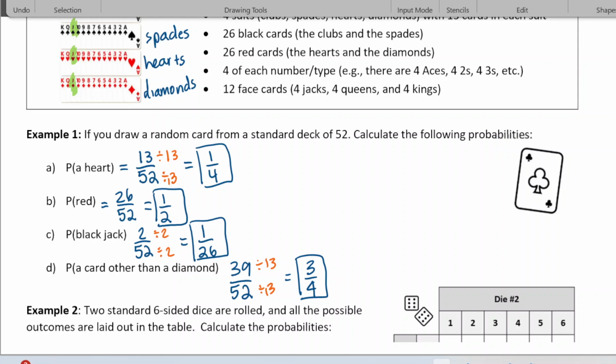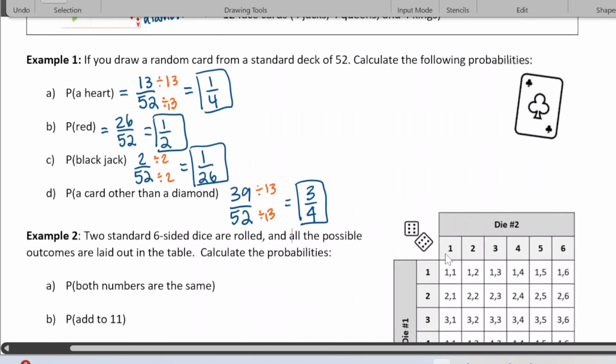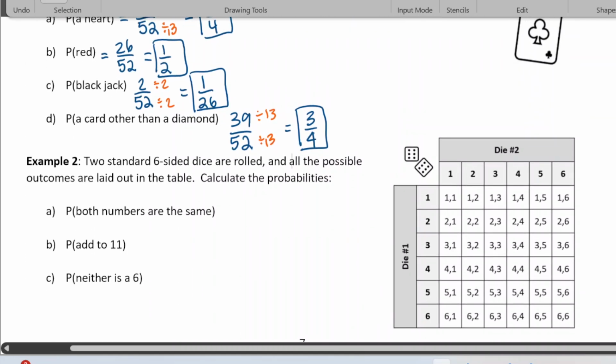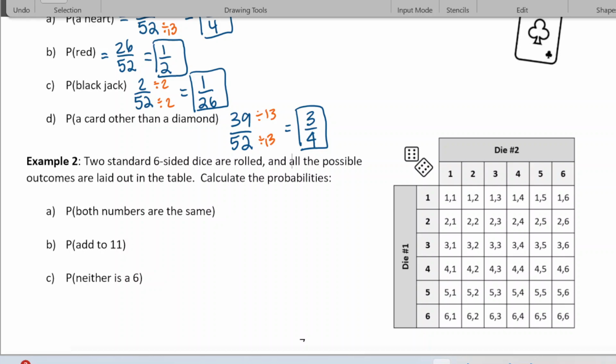Okay, let's look at another way to calculate probabilities. One really nice way of writing down all the possible ways that something can happen is by making a table. And we like to make a table if we're doing something like rolling 2 dice, and when there's lots of possible things that can happen. So when we roll 2 dice, this table shows us what happens on the first die.